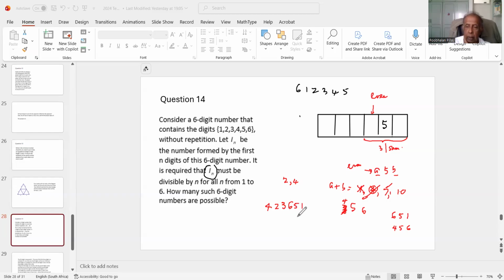Right? You've taken care of all the odd ones, so this is okay. So you see, this works. So 1 goes into 4, 2 goes into these, 3 goes into those 3, 4 goes into that, 5 goes into that. I can't have that because 6 must be. So this is out. 6 must go into that one.